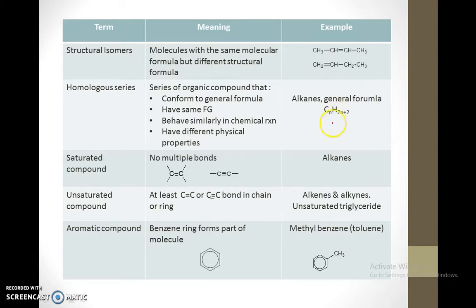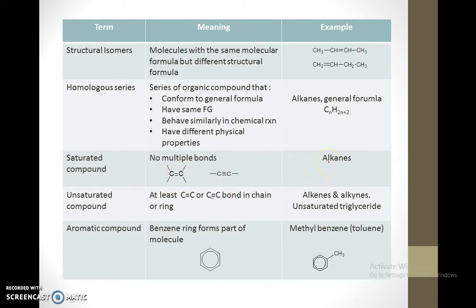All these organic compounds have the same general formula but different physical properties. Hexane is a liquid, butane is a gas, so they have different physical properties. Next, the saturated compound. Saturated compound means there is no multiple bond, for example double bond or triple bond.